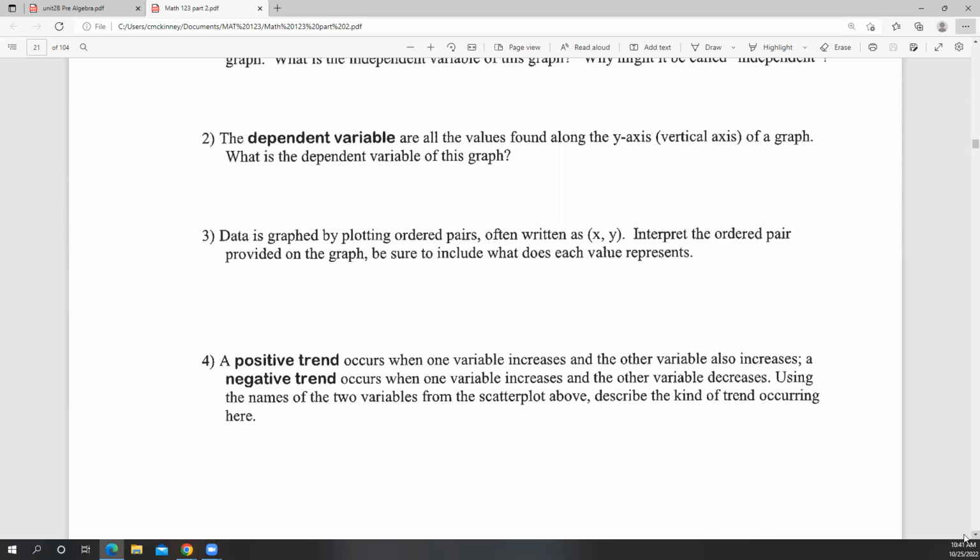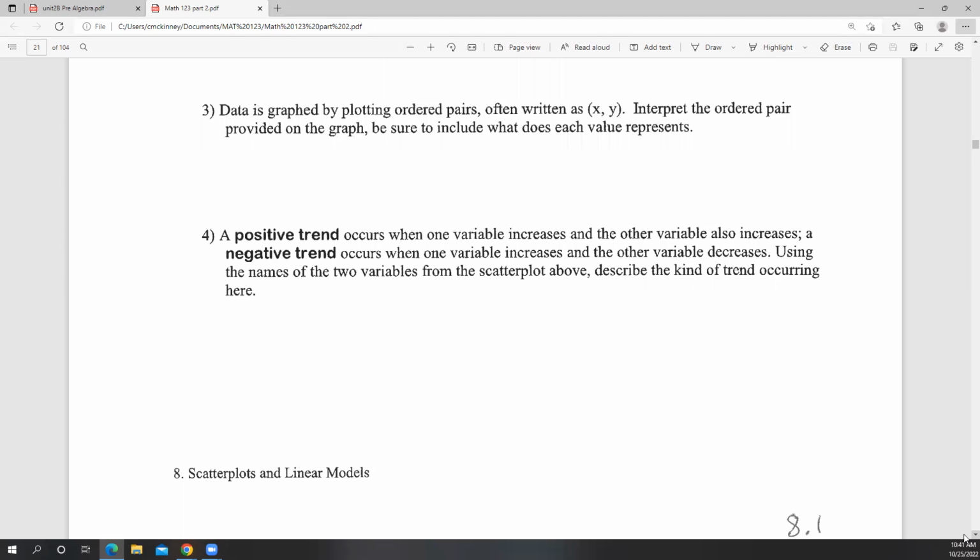If we look at the ordered pair, we've got one ordered pair that's actually on our graph. What that would mean is that 48 months after January 2011, which would be January 2015, the CPI was 233.707.